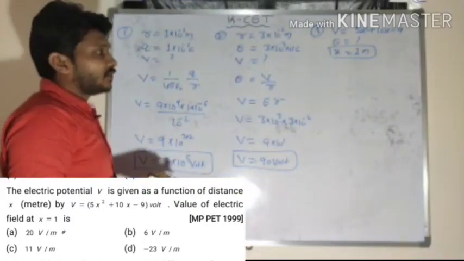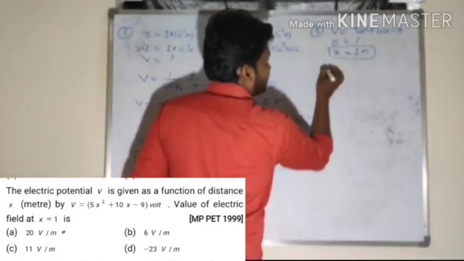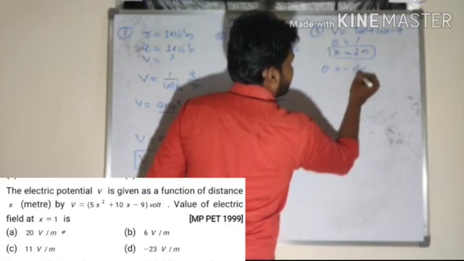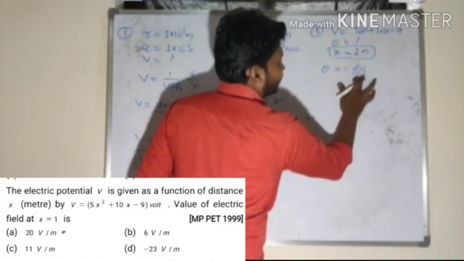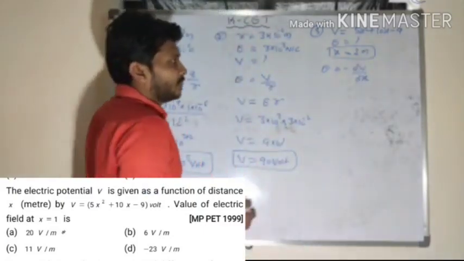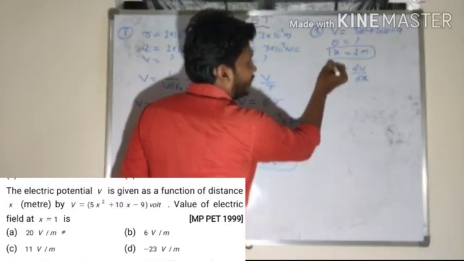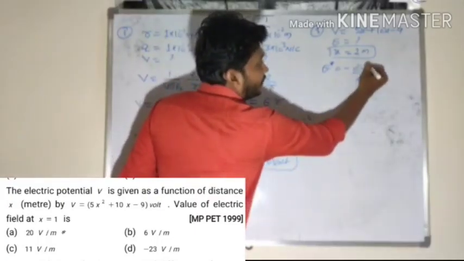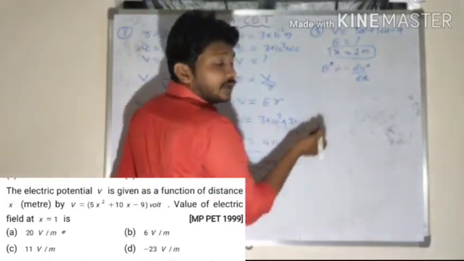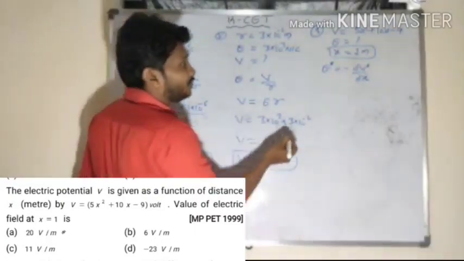So what is the connecting formula I need to use here? As I said, E is equal to minus dV by dx. So let me differentiate this equation. In order to get the E value, I have to differentiate the V value.